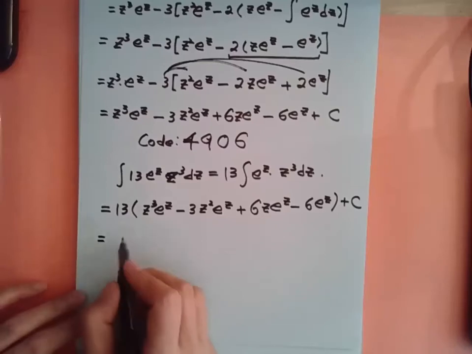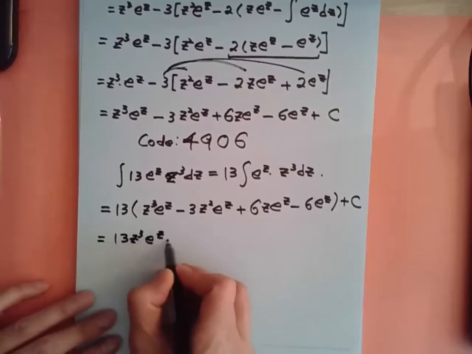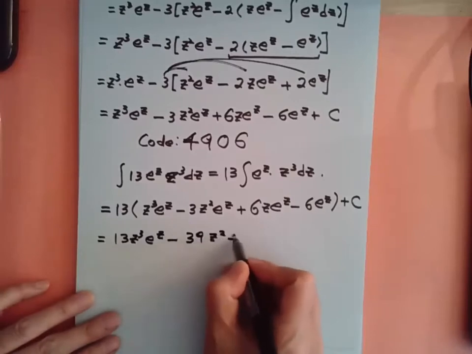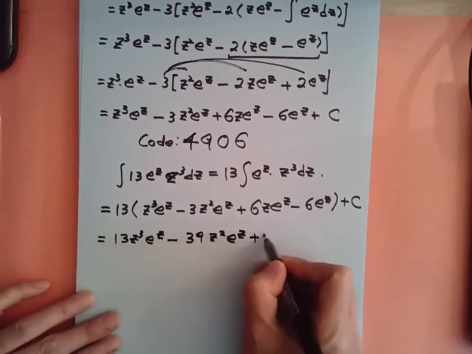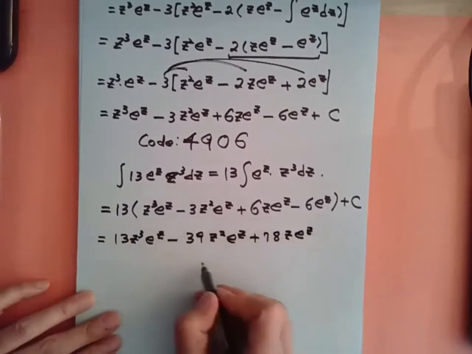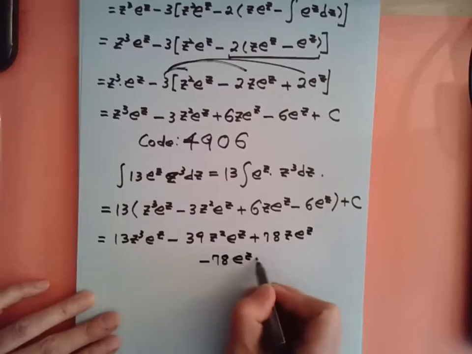So in the end, we are getting 13 z cubed e to the z minus 39 z squared e to the z plus 78z times e to the z minus 78 e to the z plus c.